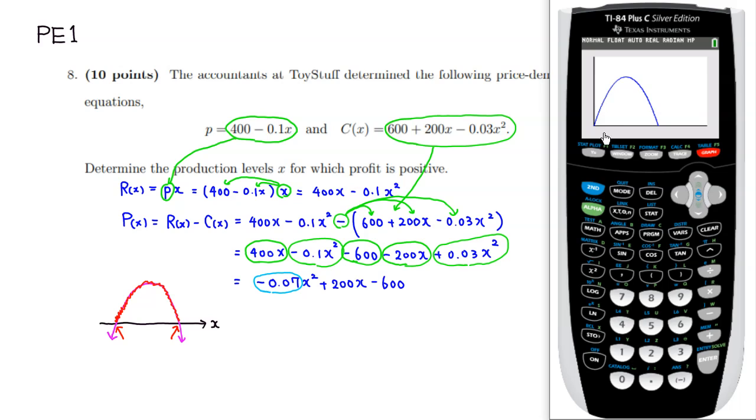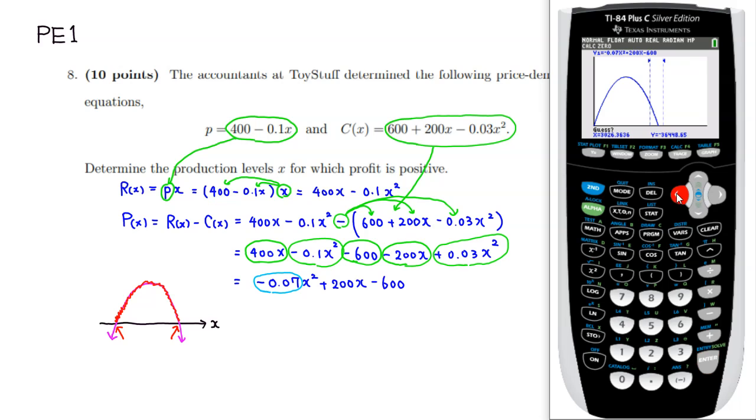What we want to do is find the x-intercepts, or zeros. So we can do second trace, then 0 is number 2. Let's find the zero here. Left bound, yes, then go all the way past that, and hit enter.